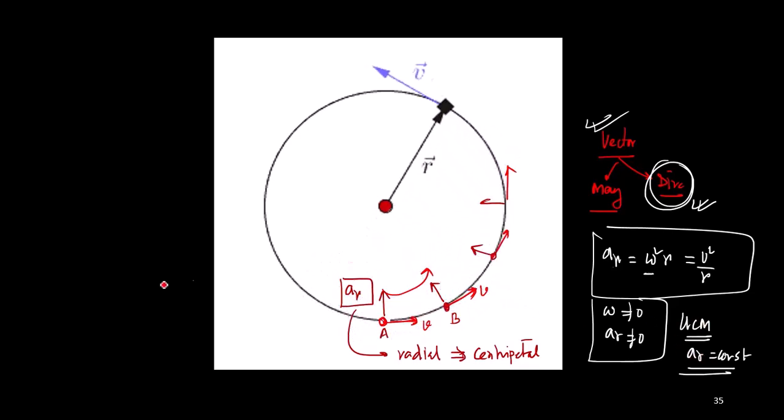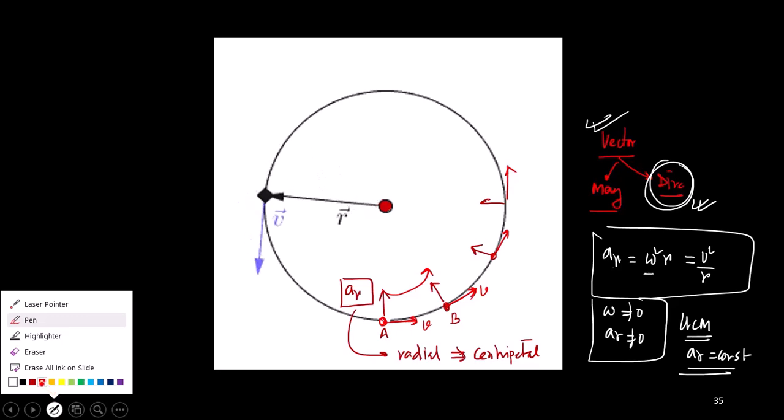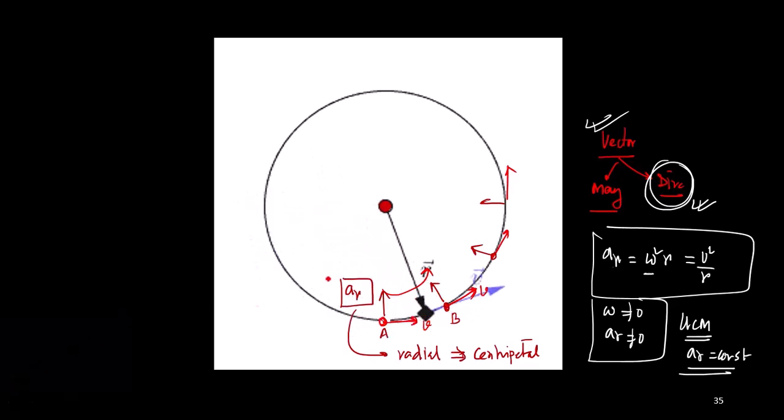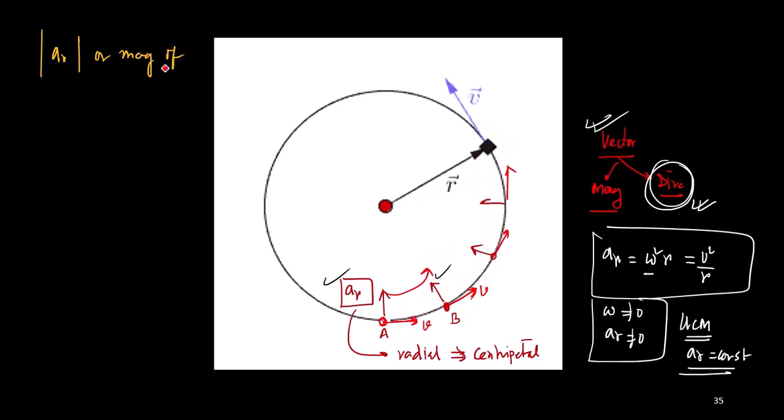Why? Because every time the particle is changing its direction, AR is also going to be changed. So here the AR is in this direction, and after some time the direction changes. So I should say that the magnitude of AR, mod of AR, is constant.